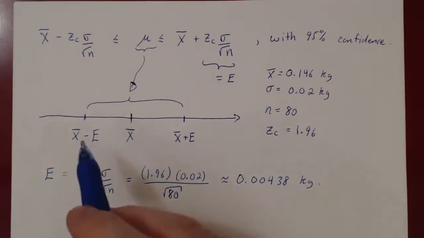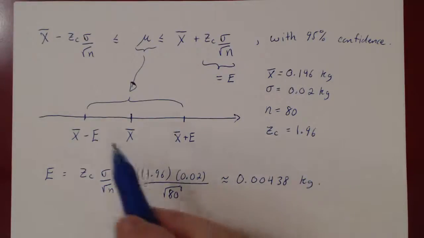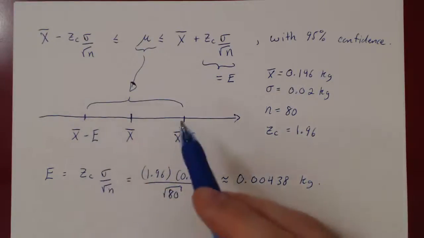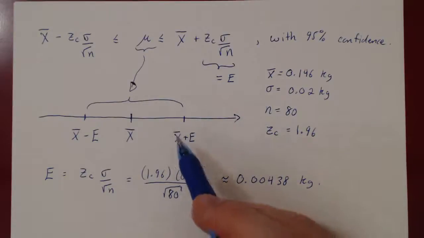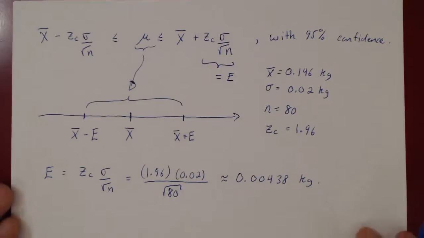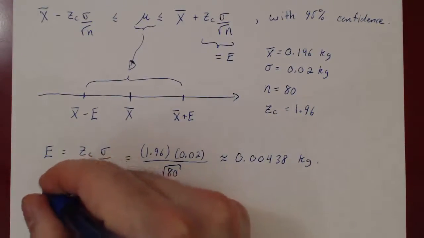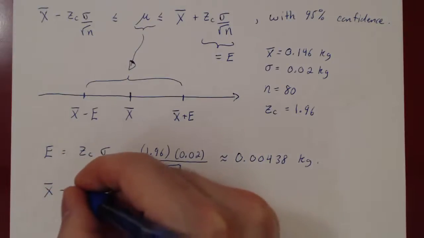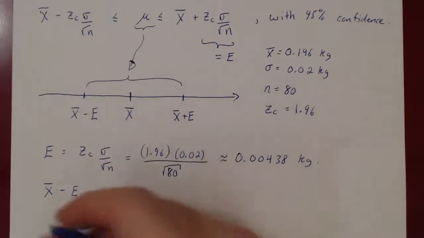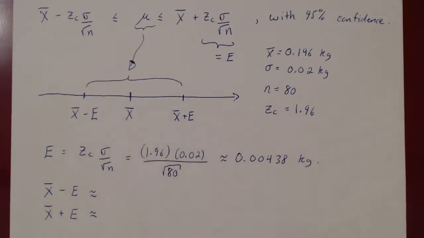And if you want your interval, you take the sample mean and you subtract the error, you'll get the left endpoint. The right endpoint, you take the sample mean and you add the error. So let's find the left and the right endpoint. So x bar minus E is approximately, x bar plus E is approximately.